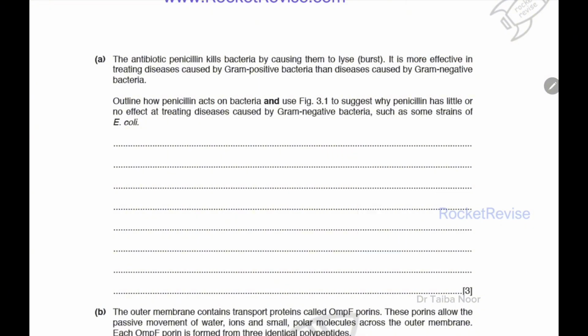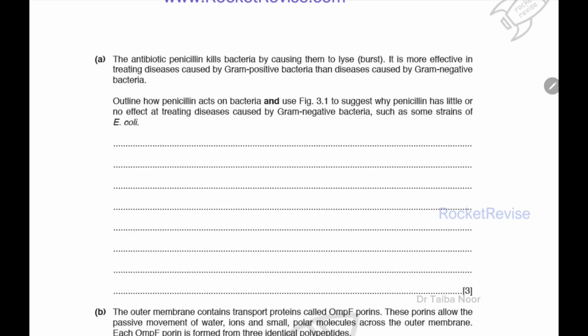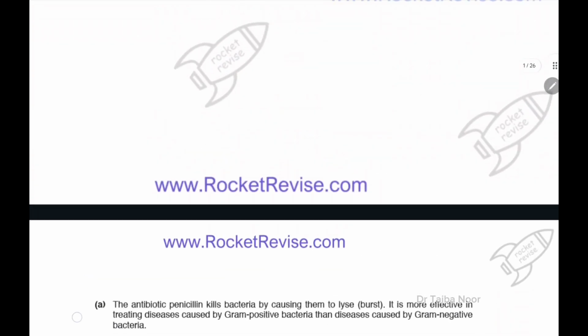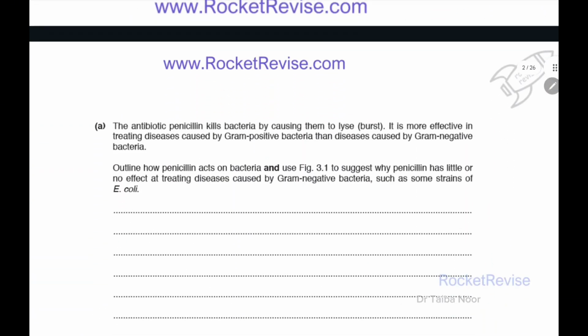So you need to understand the keyword first. They said outline. They don't want the details. So outline how penicillin acts on bacteria, how it will kill it, and use this figure, this diagram.